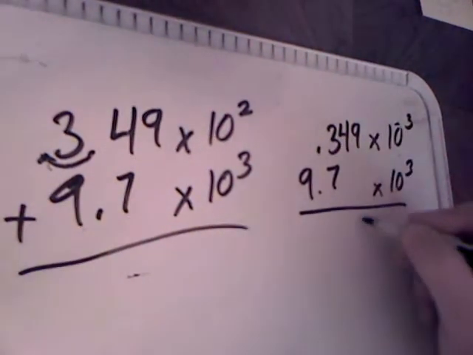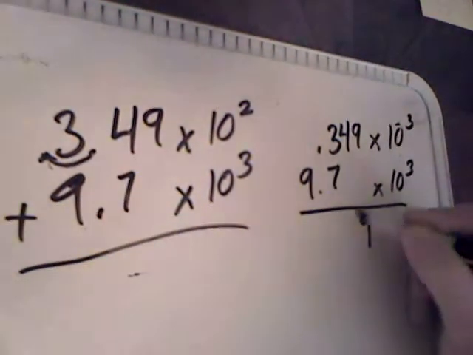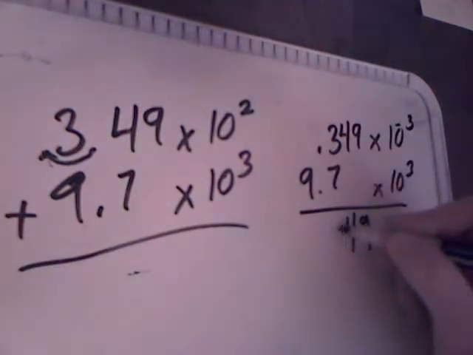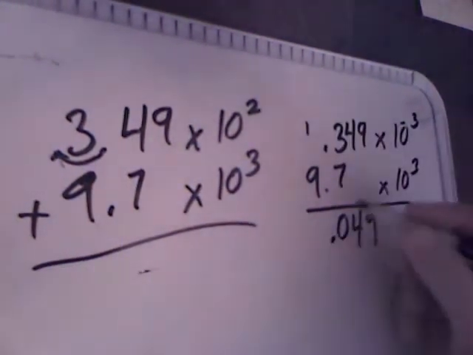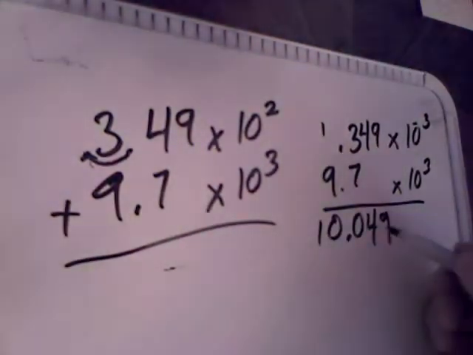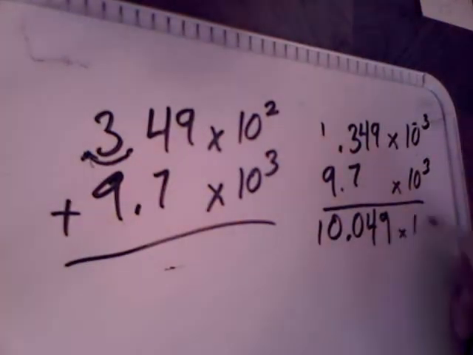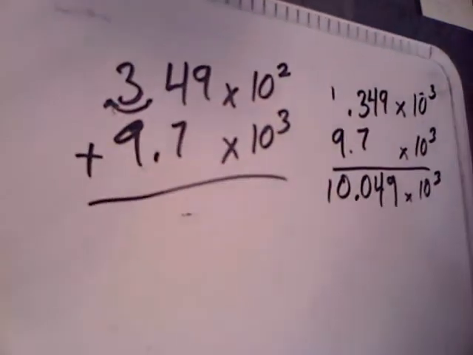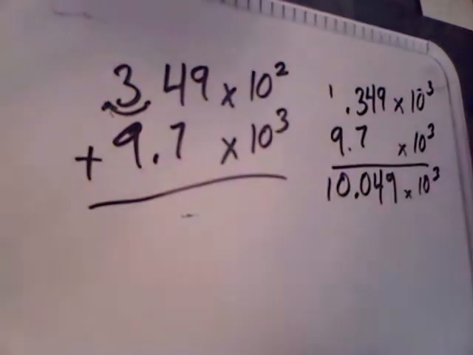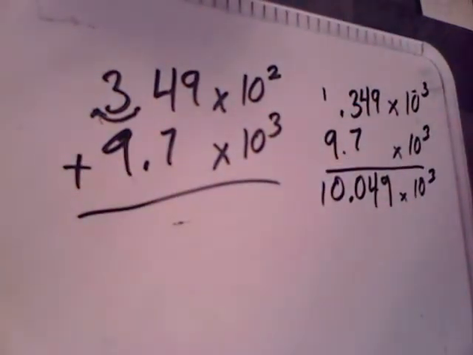So 9 plus 0 is 9, 4 plus 0 is 4, 7 plus 3 is 10, and I end up with 10.049 times 10 to the third. That's not good enough though, because this final answer needs to be in scientific notation.